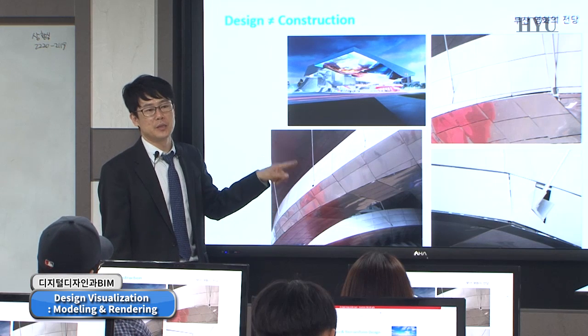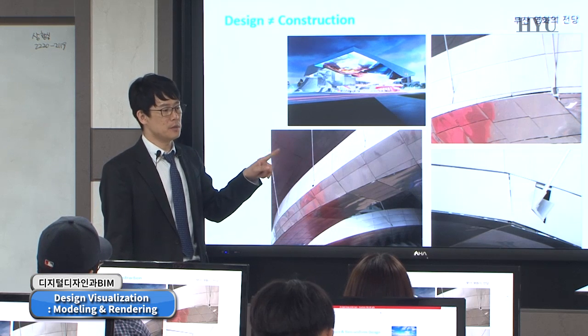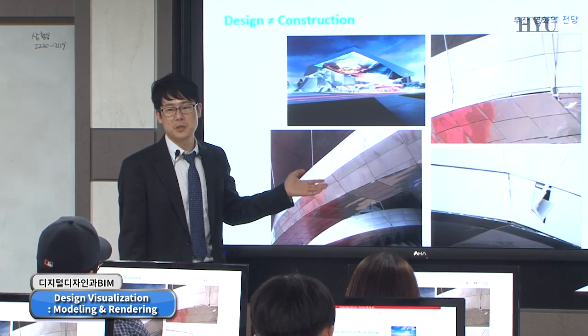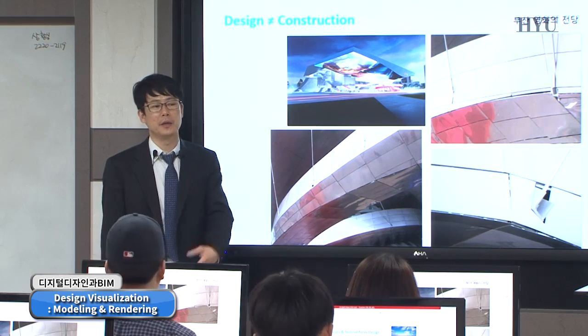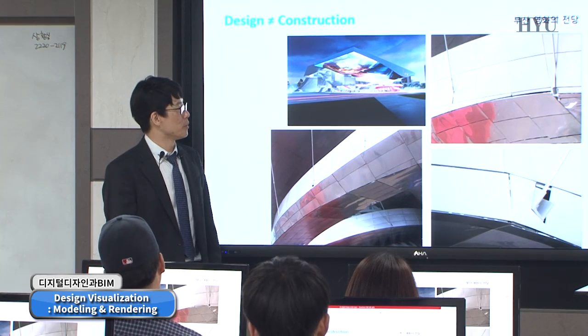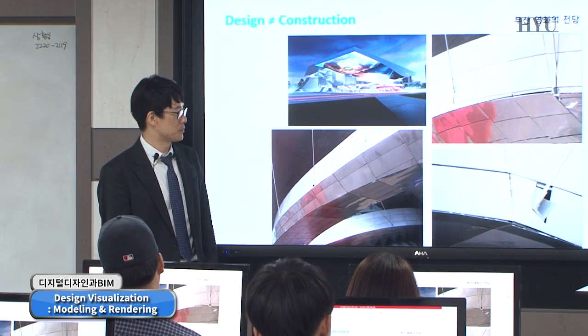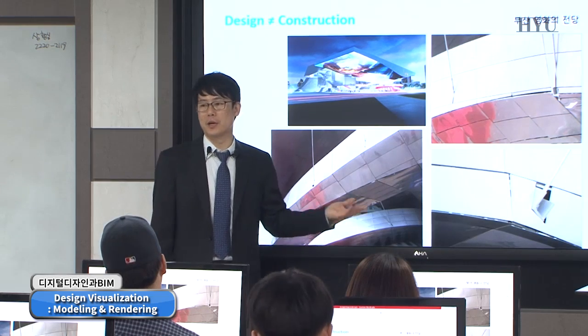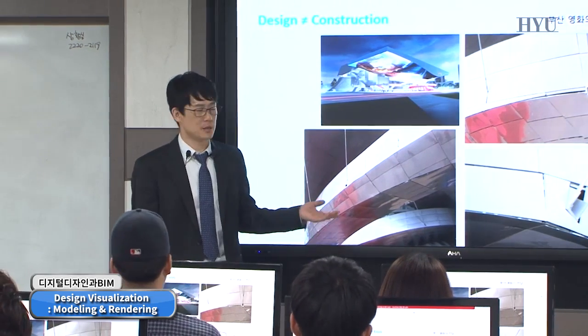I told you this building design is the first building design ever experienced by any on-site workers, directors, masters, and so on. And this one is never going to be reproduced again at any specific site.